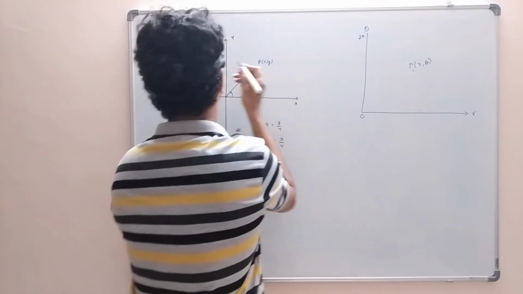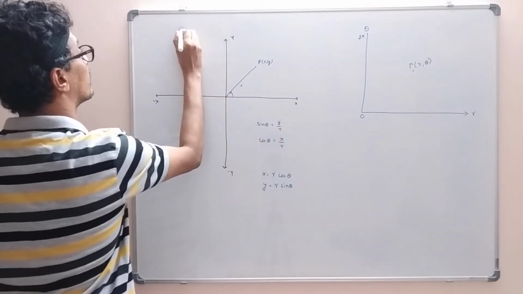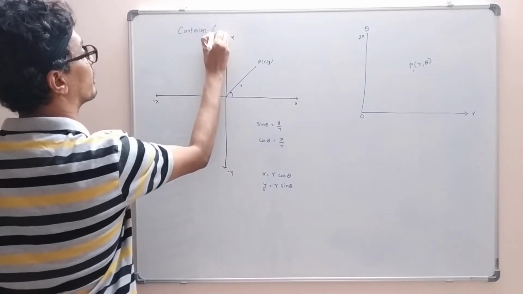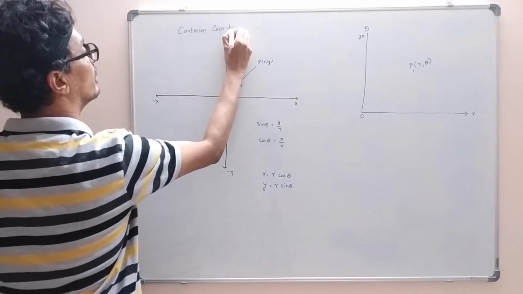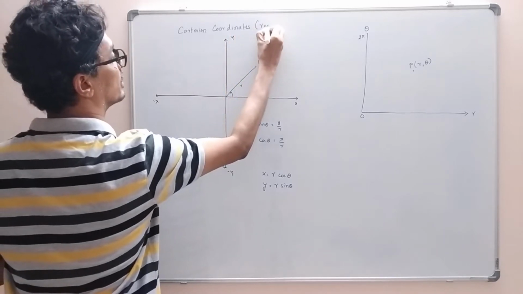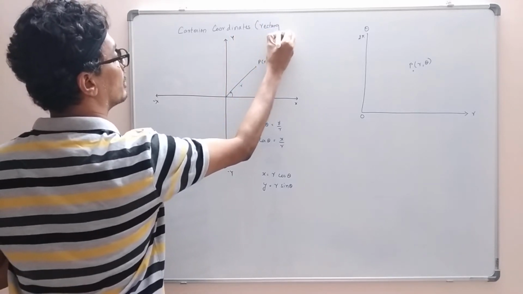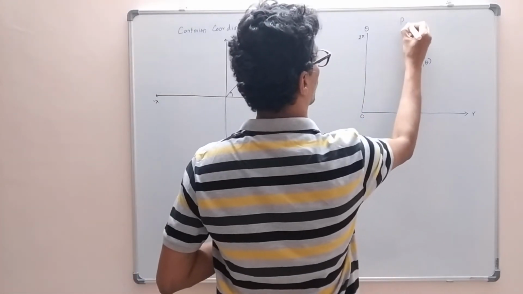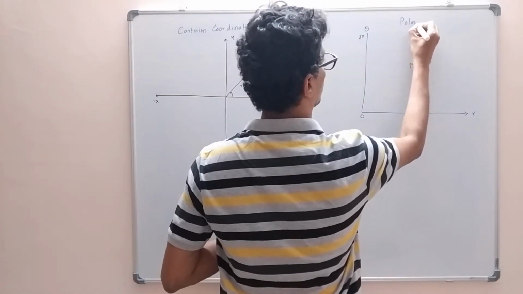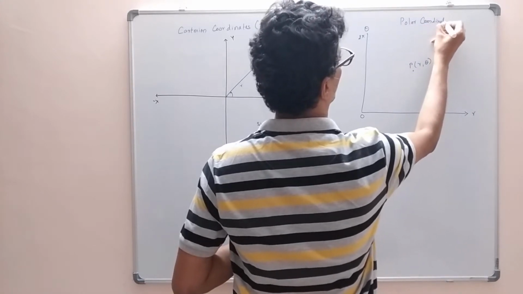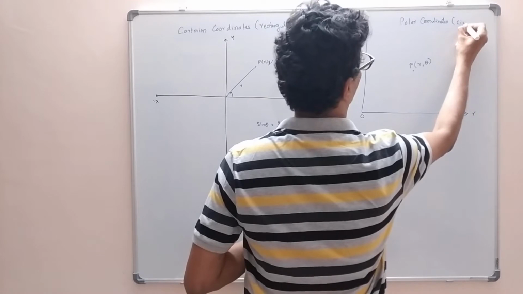So this we call Cartesian coordinates or rectangular coordinates, and this is called polar coordinates, or circular.